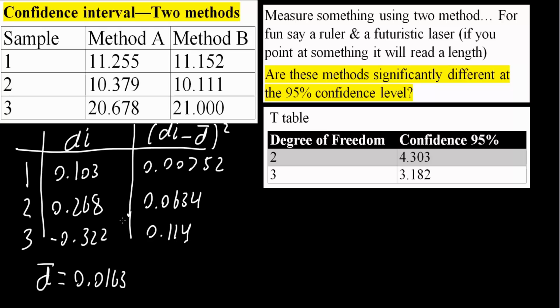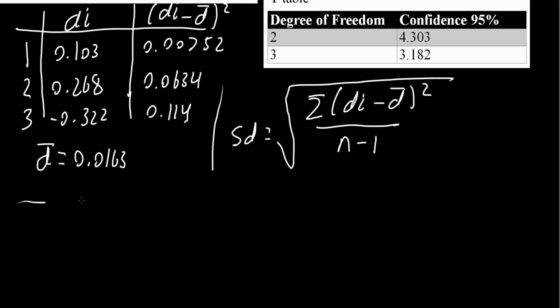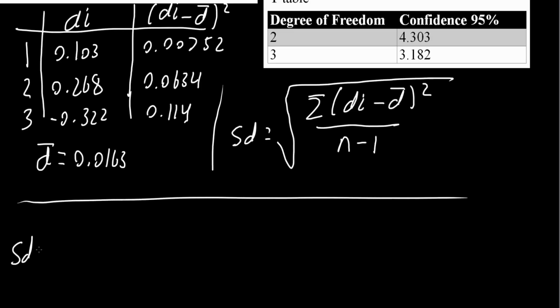Once we've completed this chart, we calculate the standard deviation. And in order to do so, it's a different formula. It's going to be SD is equal to the square root of the summation of parentheses DI minus D average, close parentheses, squared, divided by n minus 1. So I'll show you what this means. And so this right here will equal, so SD is equal to the square root of the summation.